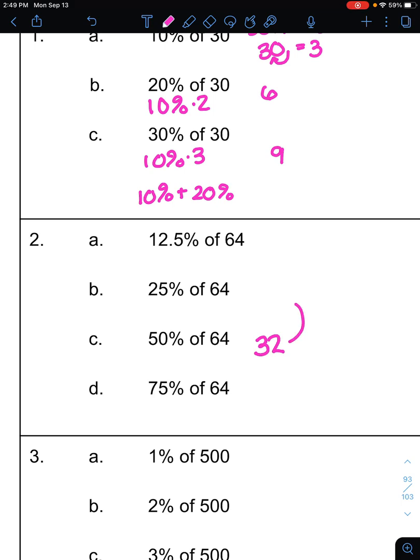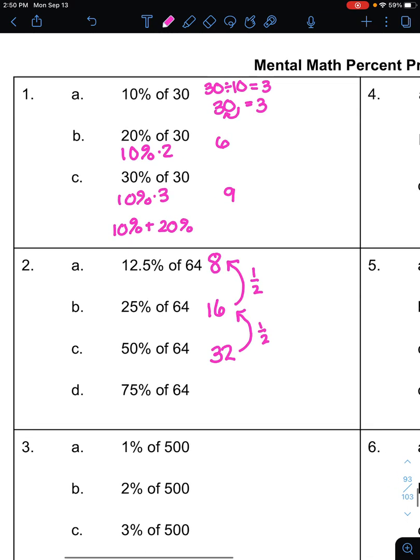Now, I can take half of that answer to get 25%. So half of 32 is 16. And I can take half of that answer to get 12.5%, which is 8. There's another way to get 25%, and some of you might have used this strategy: if you do 64 divided by 4, because 25% is a fourth of 100.